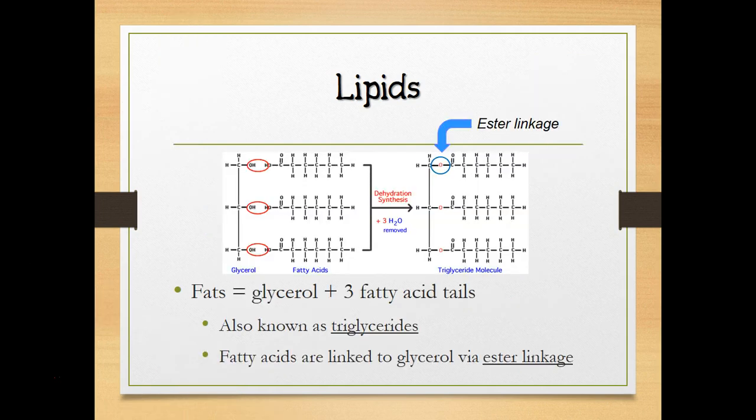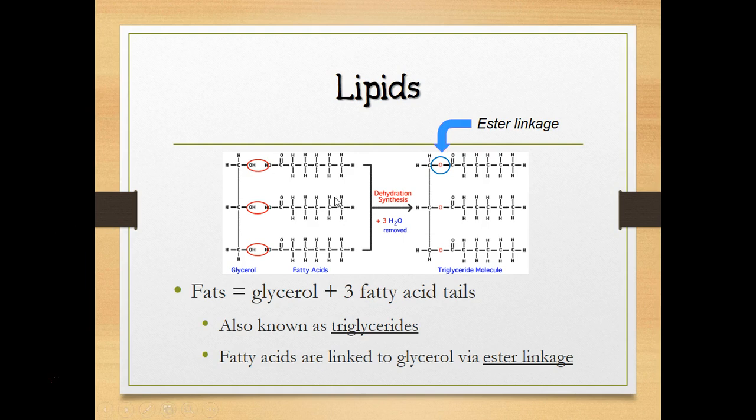So let's talk fats and oils first and talk a little bit about structure. So these are a glycerol plus 3 fatty acid molecules, also known as a triglyceride. So if you've ever heard anybody talk about triglyceride levels because of health issues, this is what their doctors are concerned about. How many triglycerides or how many fats and oils are they taking in a given day.